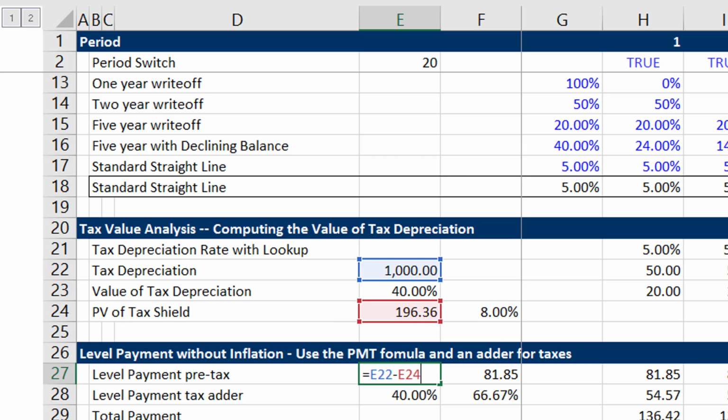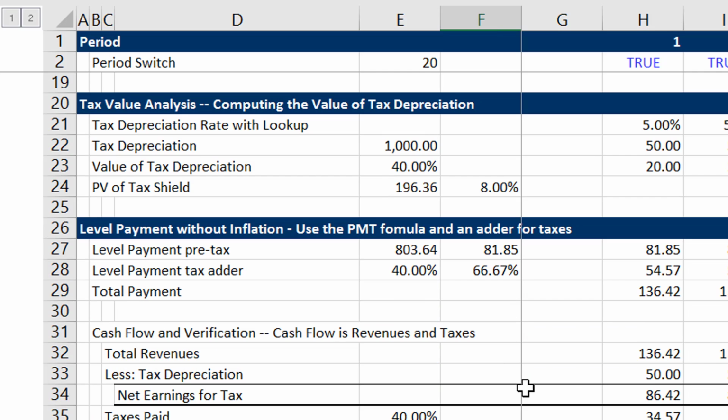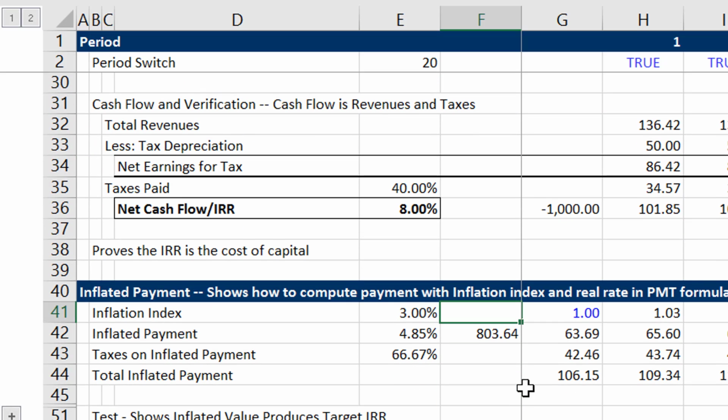We say, okay, well, pre-tax, you take this difference, and I'm just repeating, but I think it's worth repeating. You compute the payment, and I'm skipping down to the correct one over here. You take the payment at the real rate, and you inflate that payment. The payment is the same nominal depreciation tax shield.